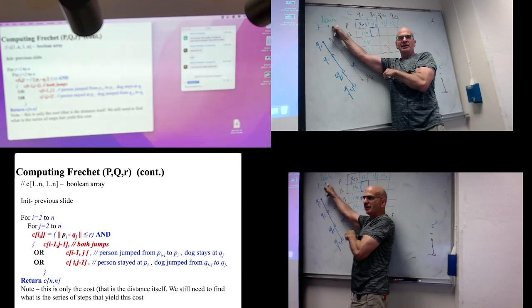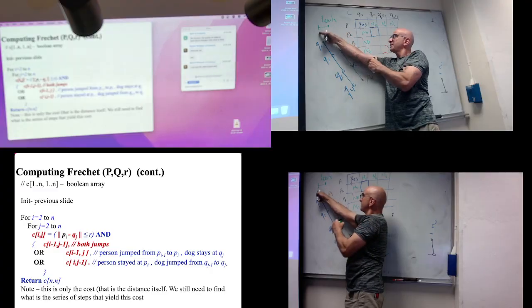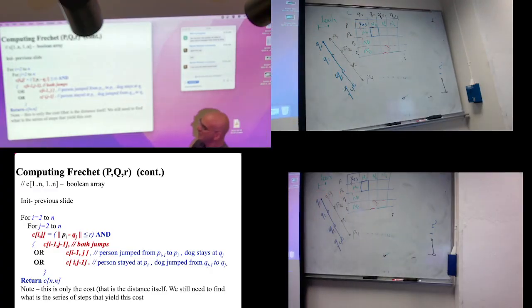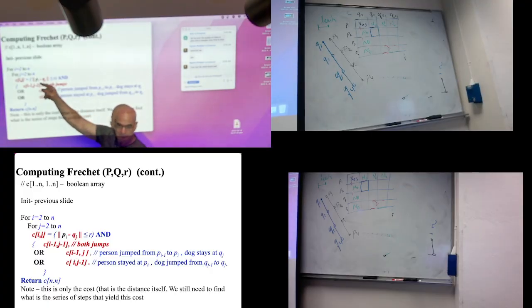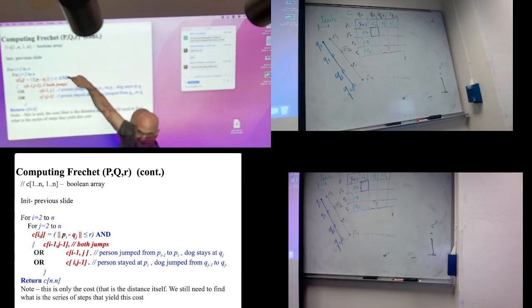If I draw it correctly, this distance is smaller than the length of the leash. So this condition is checked. Now, what about the next condition? There are two conditions that should happen. True or false?